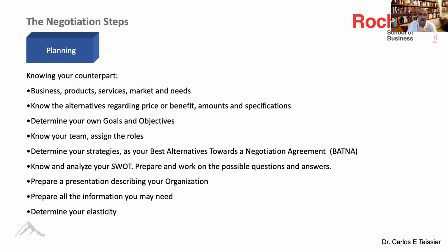Okay? So now we are finding elements that we know that we can use to negotiate, and they are not directly the price. So let's say the other side, they come to you and they want to buy your products.